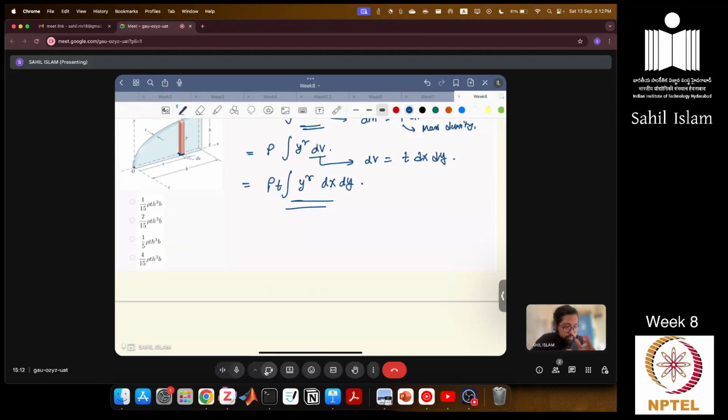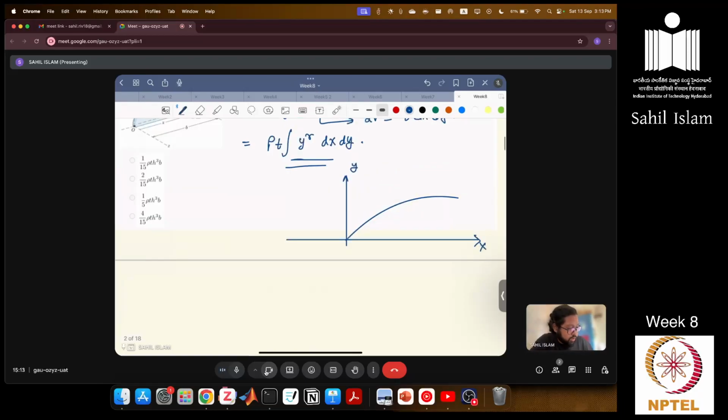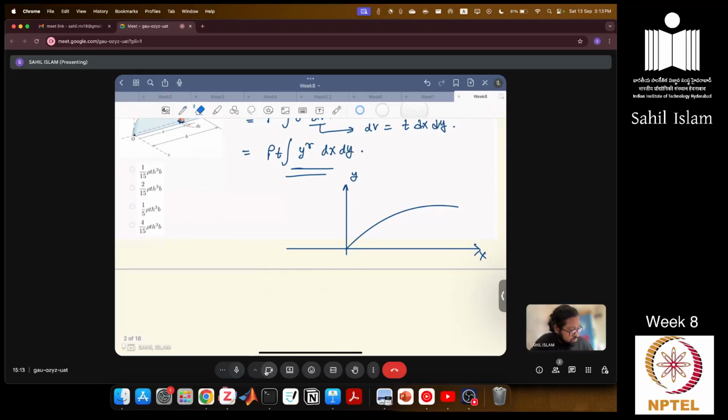So the whole problem becomes a 2D problem, with an x direction and a y direction, and this is our parabola. We have to calculate the integral of y square dx dy.